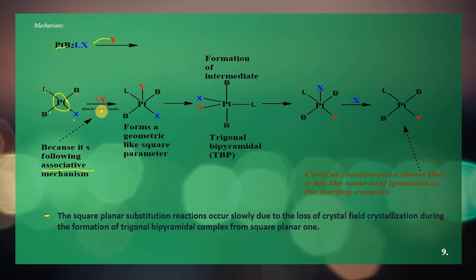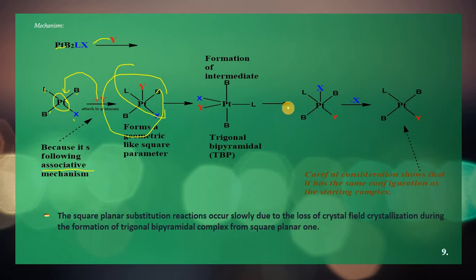So attachment of platinum forms a geometry like square planar. So this Y tends to enter and comes here. When it gets here, it forms this, and finally they reorganize themselves. When it has been reorganized, that is when the intermediate is formed, which is known as the trigonal bipyramidal.